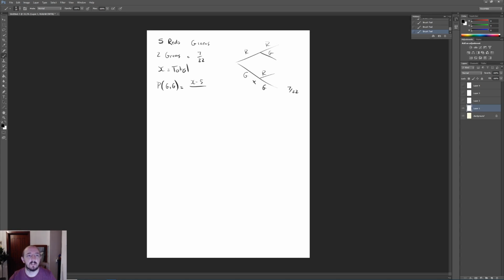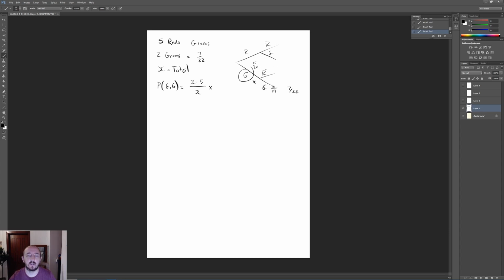That means there would be 5 reds, there would be 20 minus 5 greens, out of the total, which is x, so that's this probability here of getting the first green. Then we multiply that by the second green. Now, if these were numbers, let's say it was 20 in total. The first one would be 15 out of 20 for the greens. And then we would subtract 1 and have 14 out of 19 for the second greens.